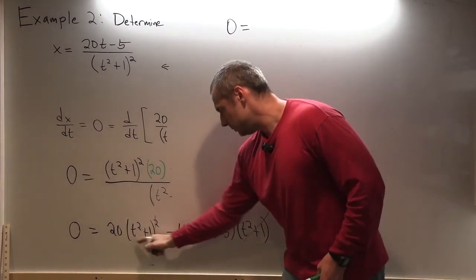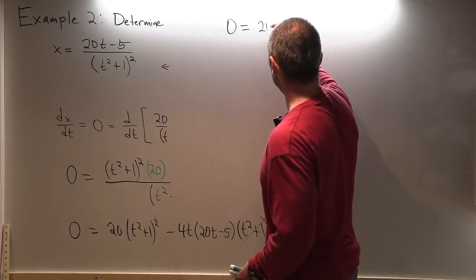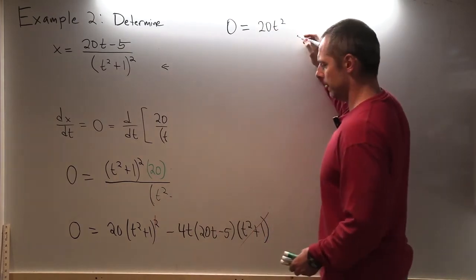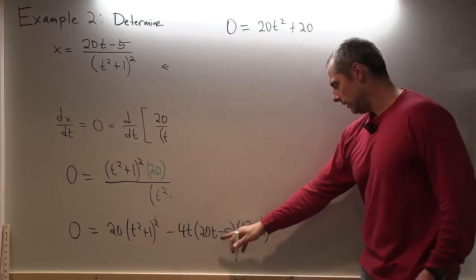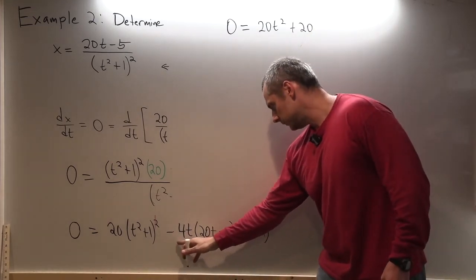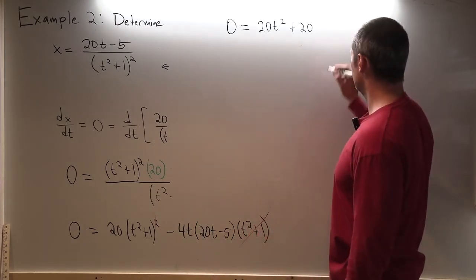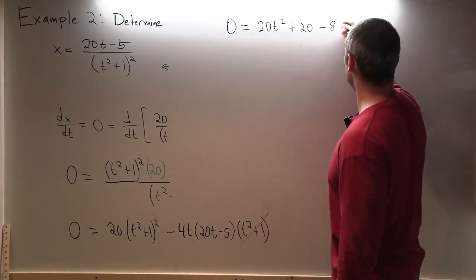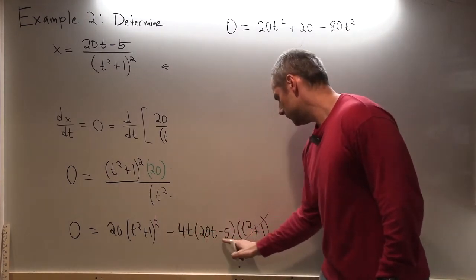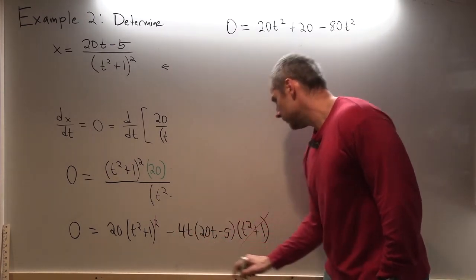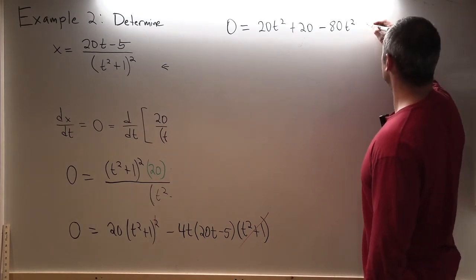And then I'm going to distribute this 20, giving me 20t squared plus 20. And then on this side, I'm going to distribute this negative 4t to the 20t, giving me negative 80t squared. And then this distributed, the two minus signs give me positive 20t.